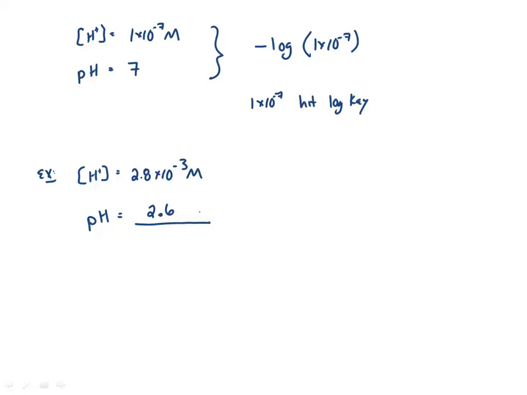So on your calculator, just type in 2.8 exponent negative 3 and push the log key. What was supposed to be on the first one? Well, you're supposed to get 7. I got minus 6. So you typed 1 times 10 to the minus 7. Oh, yes, yeah, that's what it is.